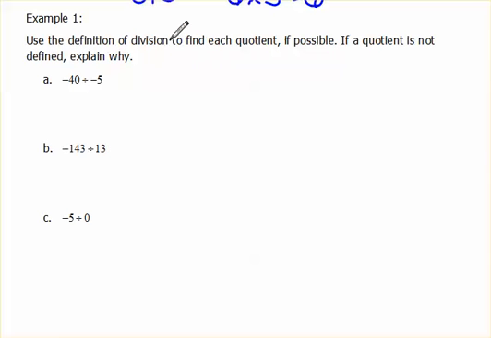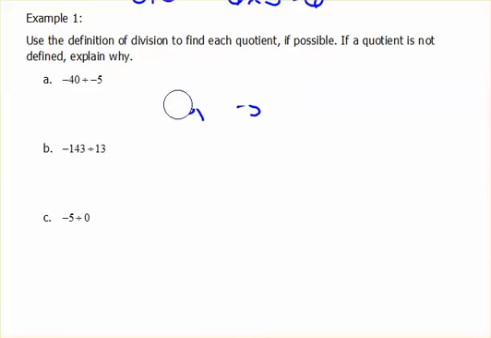Negative 40 divided by negative 5 means negative 5 times something equals negative 40. Well, if you do that, you're going to end up having to divide both sides by negative 5 to get rid of it. So you still have negative 40 divided by negative 5.